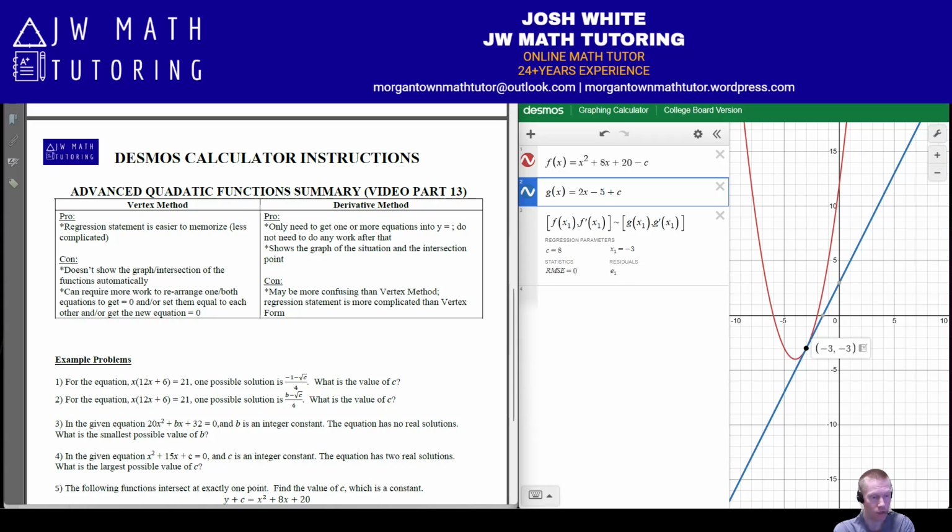However, if you do a lot of practice problems and you're preparing for the digital SAT math section, you will see that you can actually use this derivative method a fair amount, and once you use it a couple times, it'll start to become much easier to memorize, and you'll become more familiar with it.